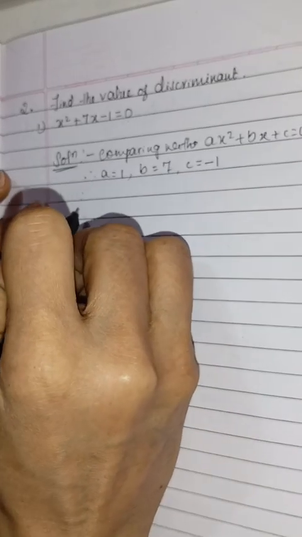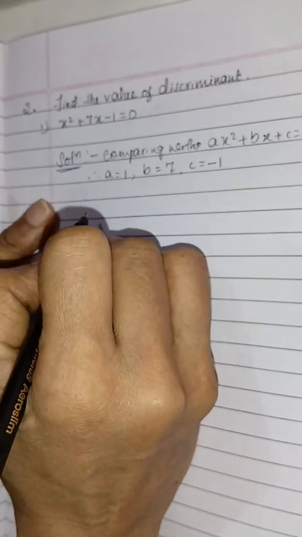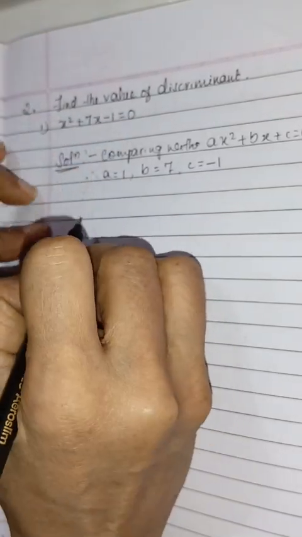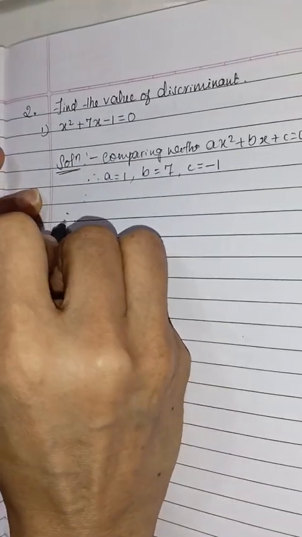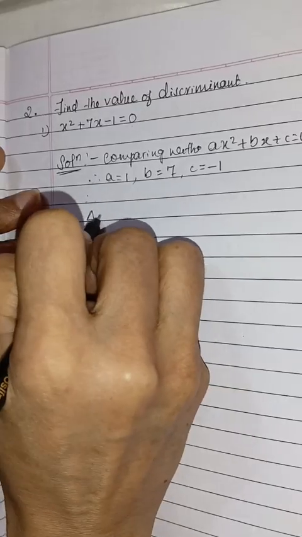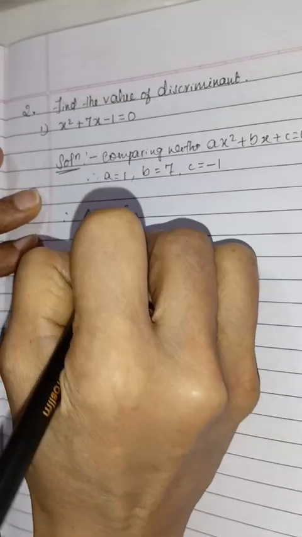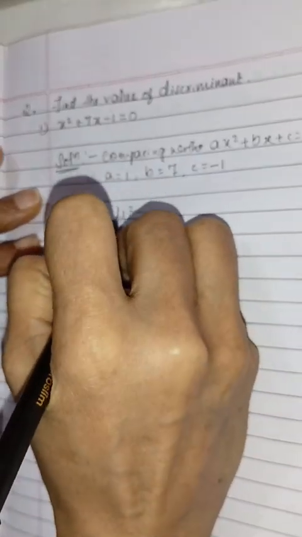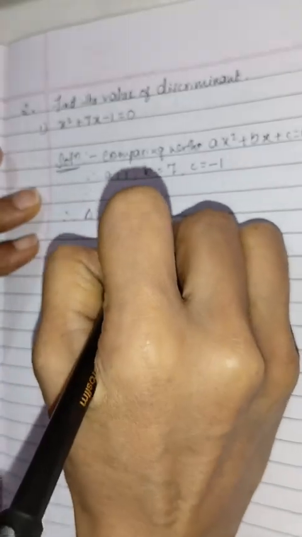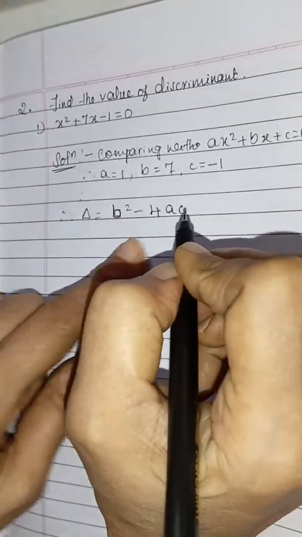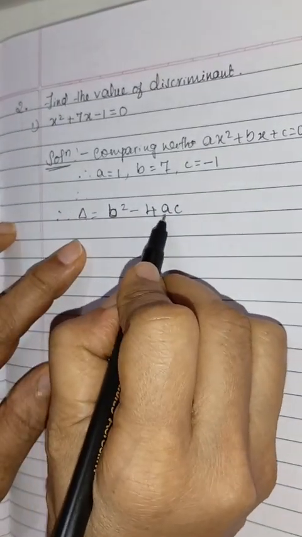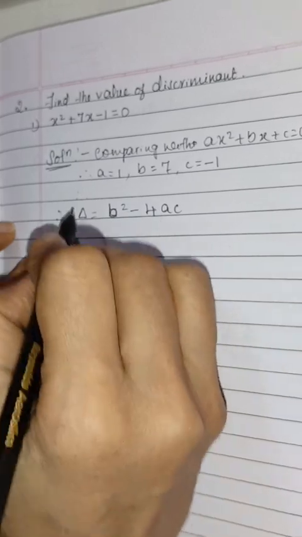Therefore, delta, we have to find out the discriminant, no? Therefore delta is b square minus 4ac. B square minus 4ac, this is called discriminant, that is denoted by delta.